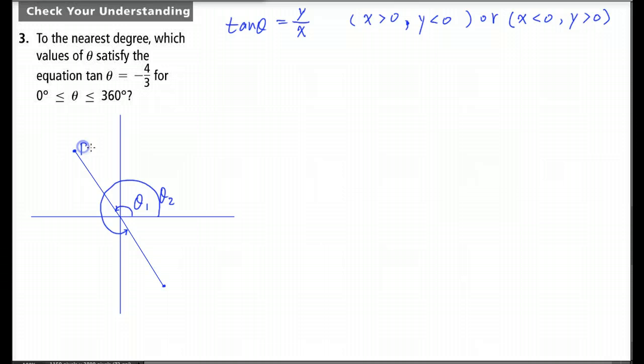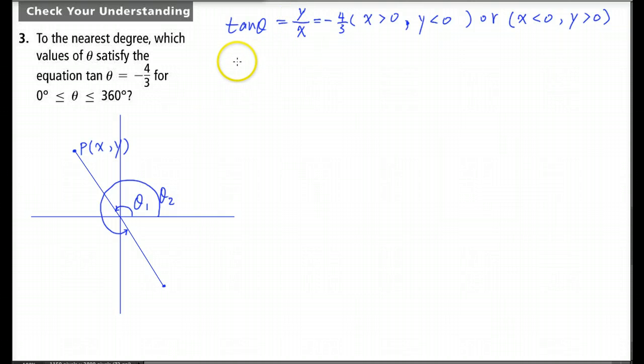Let's call this P. The x and the y, we don't really know each of these values, but we know the ratio, right? So this ratio equals negative 4/3.